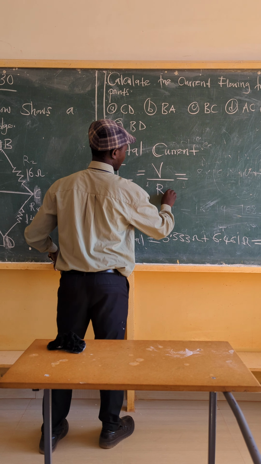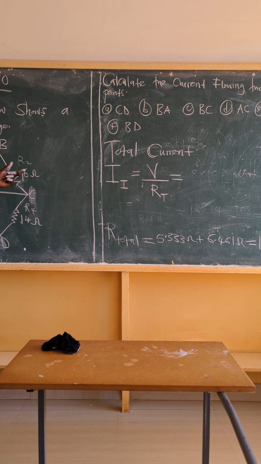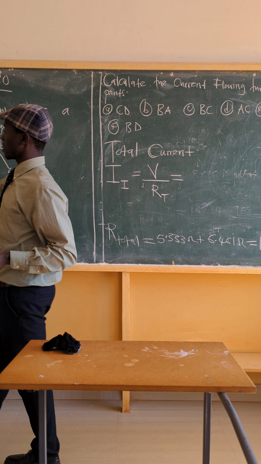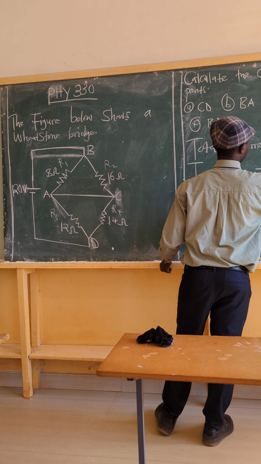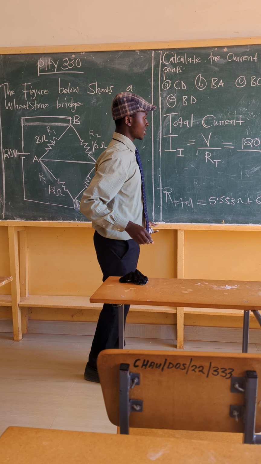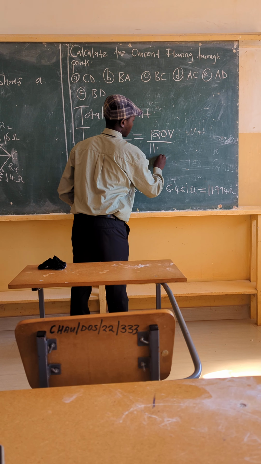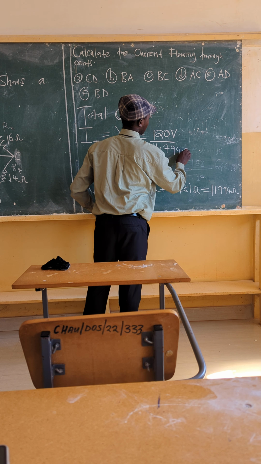The resistance is the total resistance which we are going to use. This formula is coming from Ohm's law. The voltage is 120 volts over the total resistance, 11.794 ohms.